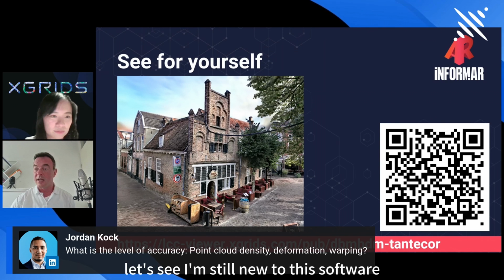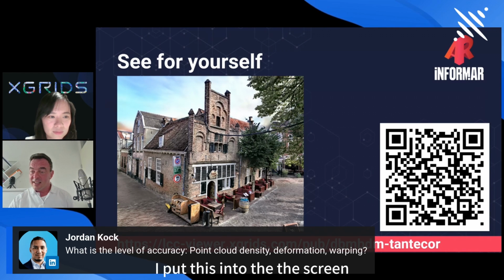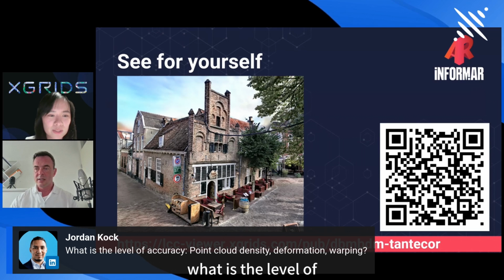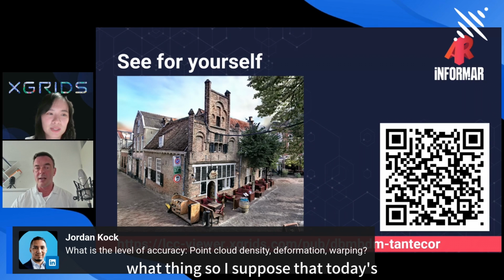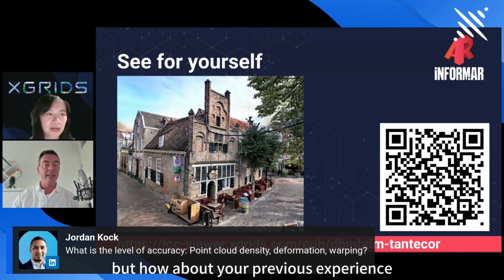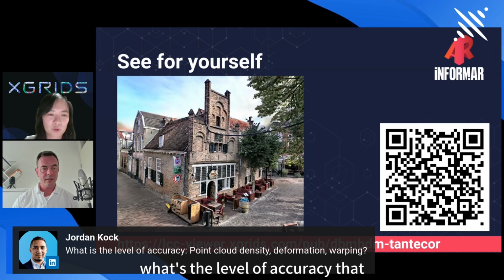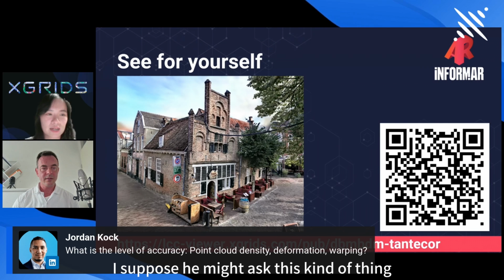I'm still new to this software. Sorry. I put this into the screen. I suppose that today's case is much more about 3D Gaussian splatting, but how about your previous experience? What's the level of accuracy that heritage preservation may require?